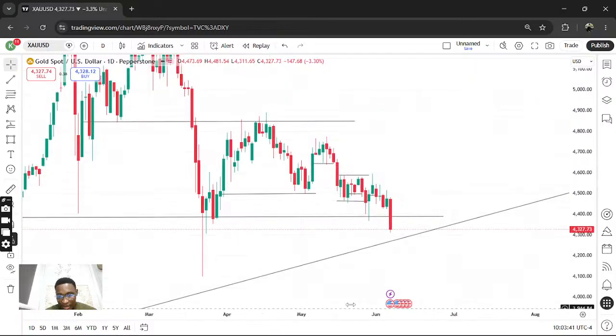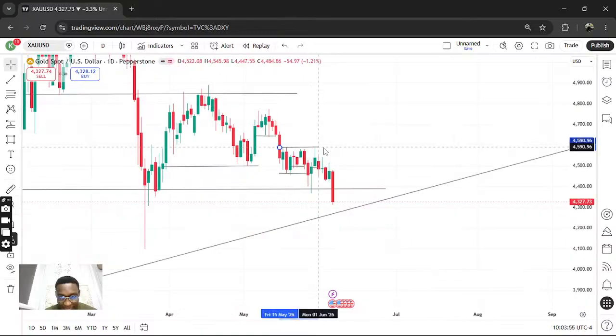Now, I want you to take note of something here about gold. If you look at this particular point, the market is ranging. At this particular point, this is another block.